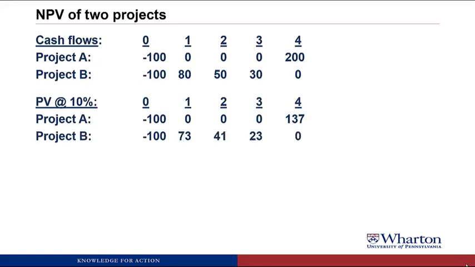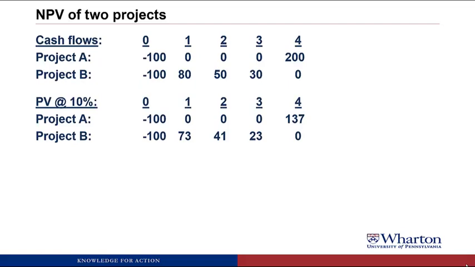For project B, we still pay out $100 in today's dollars, but instead of receiving 80, 50, and 30, we're receiving the equivalent of 73, 41, and 23. So the 73 is the present value of $80 1 year from now at a 10% discount rate. 23 is the present value of 30 3 years from now at a 10% discount rate.